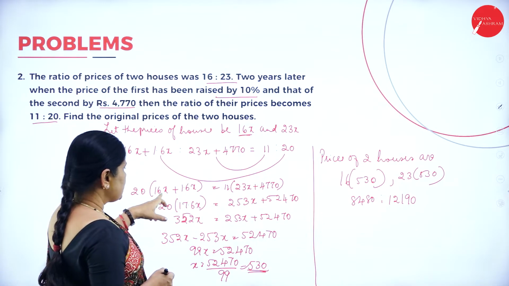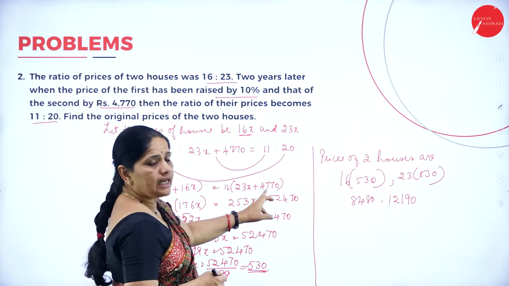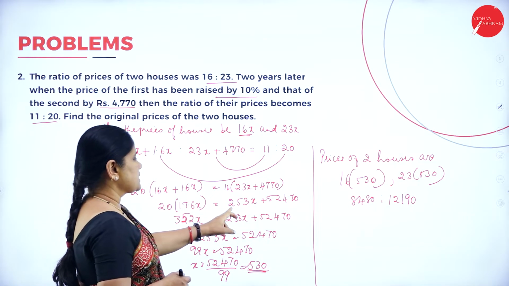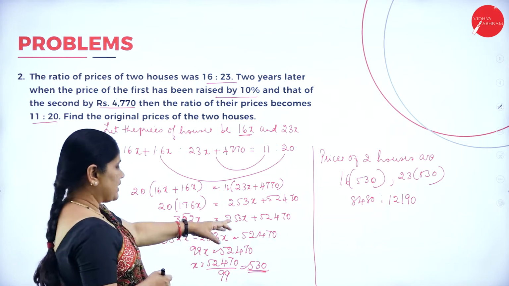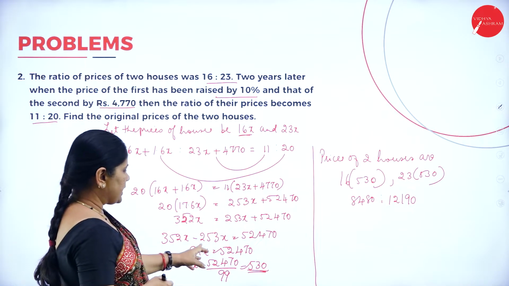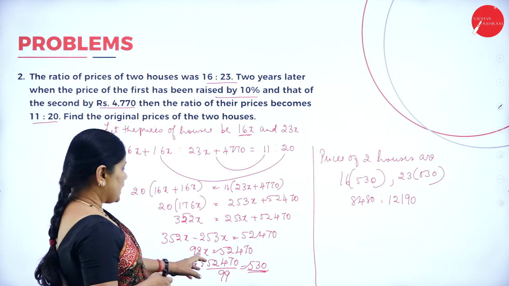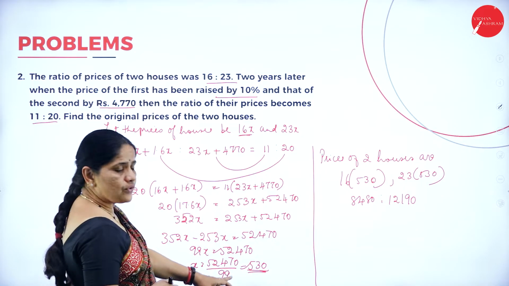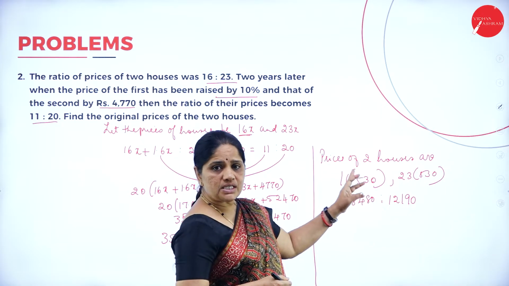So 20 into 16x plus 1.6x equals 11 into 23x plus 4,770. So 20 into 17.6x equals 253x plus 52,470. When I simplify this, I bring this to the left hand side. So 352x minus 253x equals 52,470, so 99x equals 52,470. X equals 52,470 divided by 99. I get 530. Now the x value is 530.